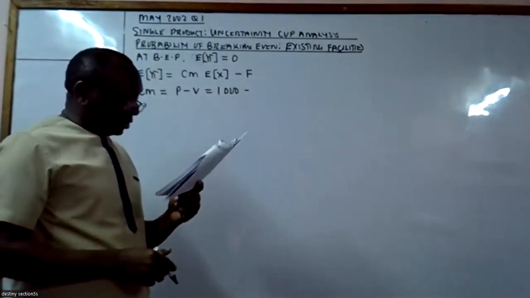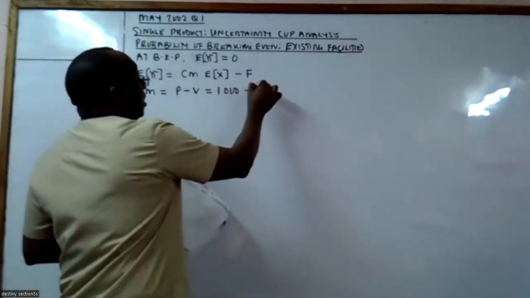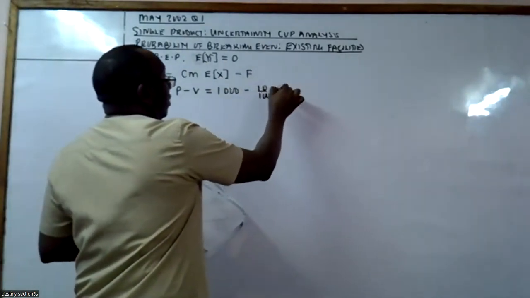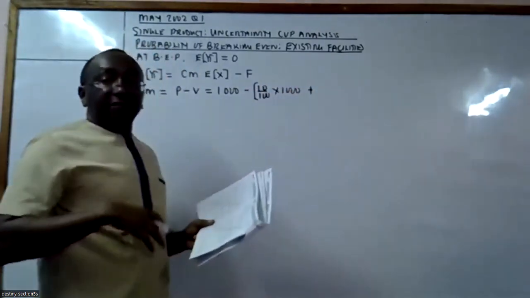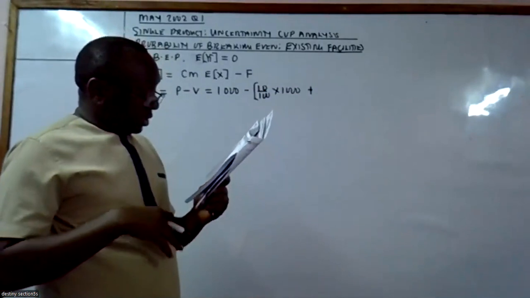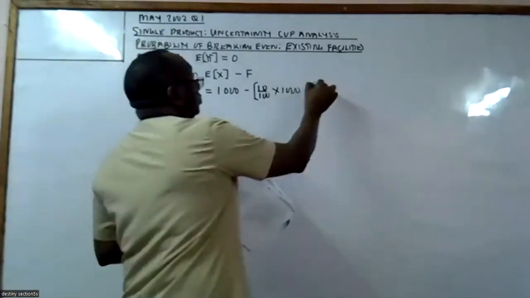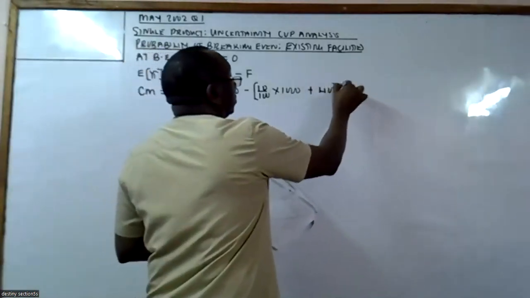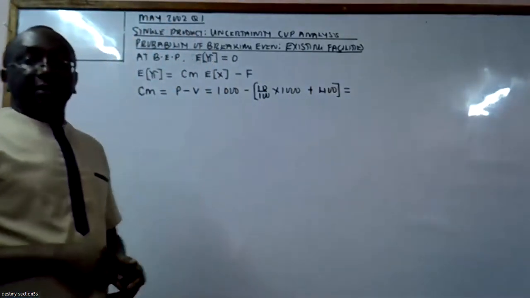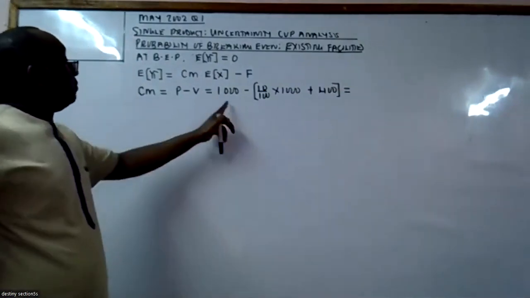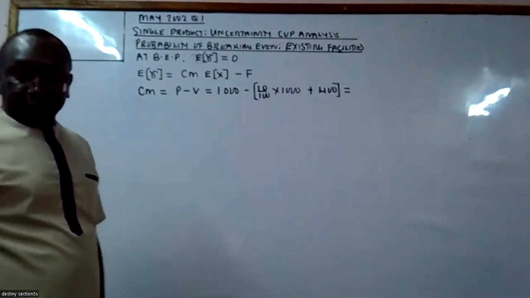The variable cost: we have 10% of royalties. Plus, there is another variable cost. The variable cost of production is 400. So work that out and tell me what is the answer. This is the selling price. This is the variable cost that is giving us contribution margin.